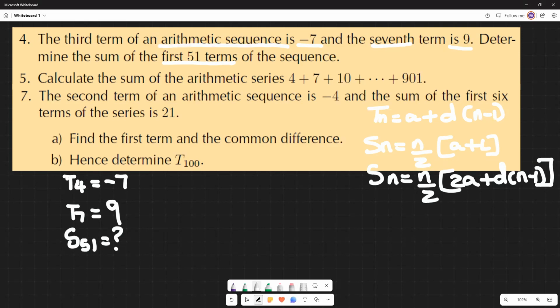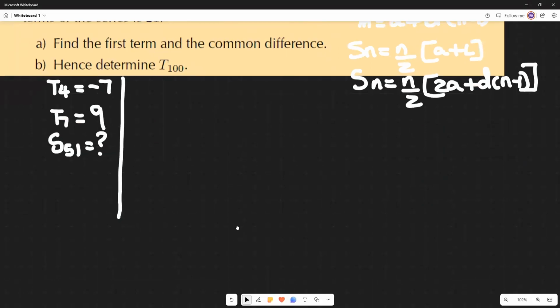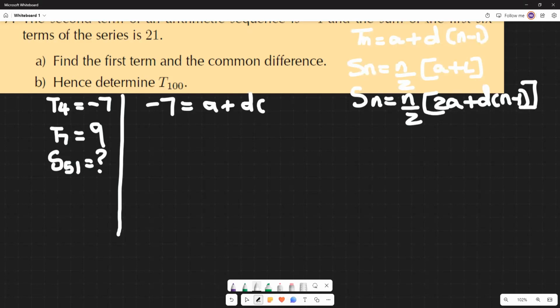So when I check here, I'm given the T's, so it means I must use the Tn formula. I'm going to substitute. When the value is -7, I'm going to have -7 on the Tn, and then we're going to have A plus D, and our n is 4.